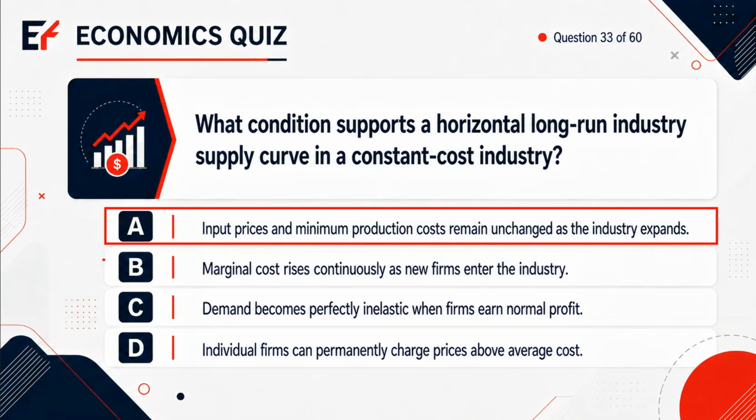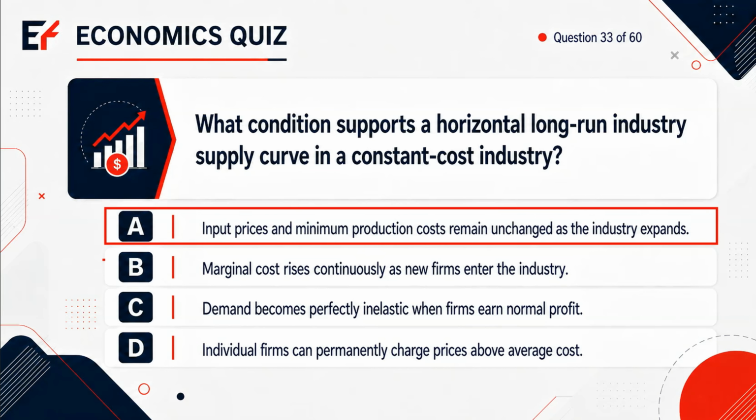Let's assess the industry condition. A constant cost industry can expand without causing input prices or firms' minimum production costs to rise. As new firms enter and industry output increases, each firm continues to face the same long-run cost conditions. Therefore, the long-run industry supply curve is horizontal at the prevailing long-run equilibrium price.